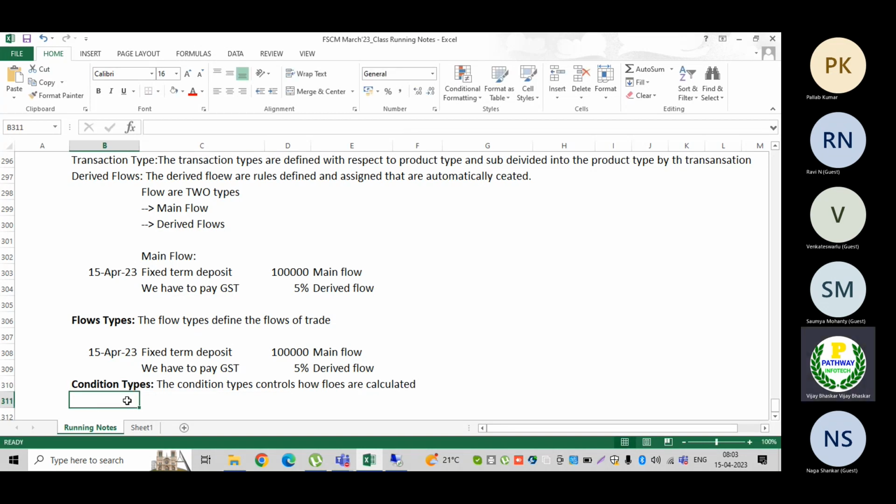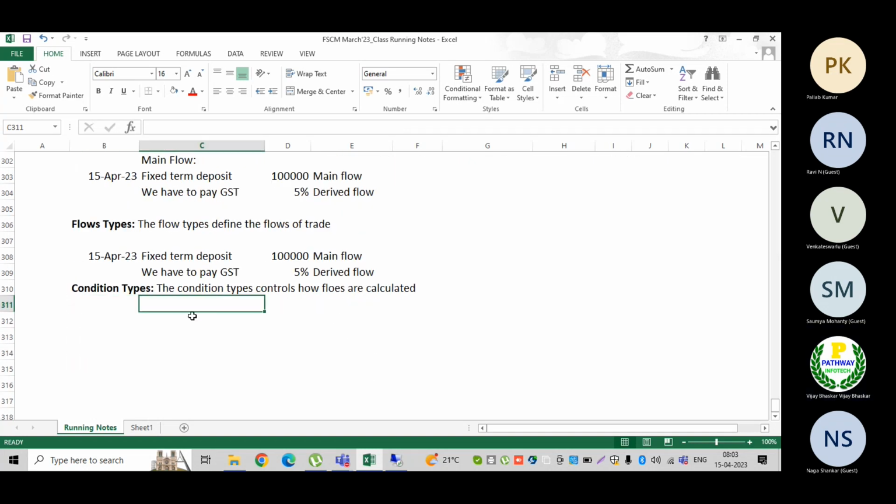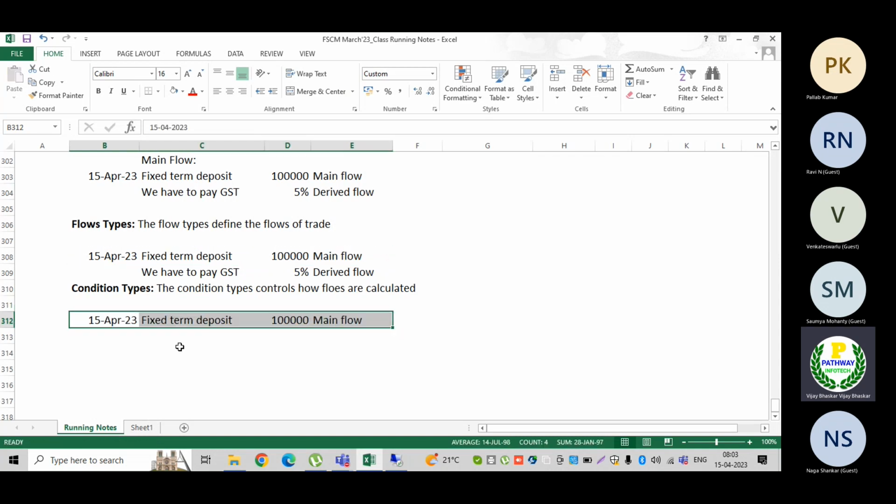Now, what condition types do we require? Let us assume I have done the investment here. On this investment, the maturity period may be after 1 year, after 3 years, or after 5 years.